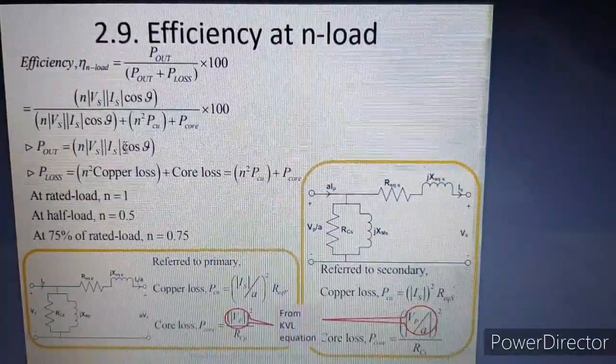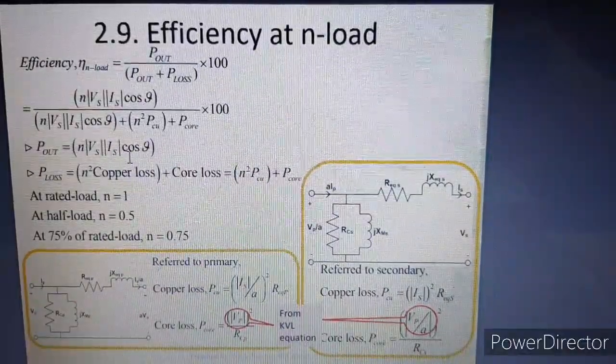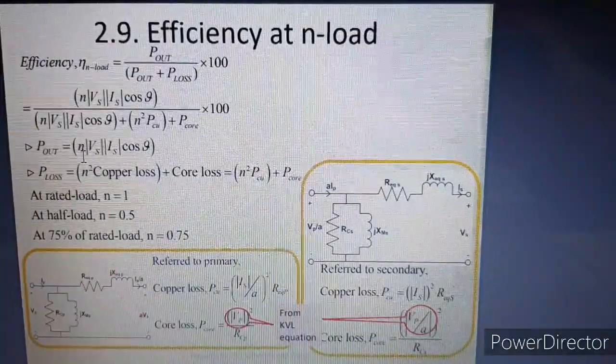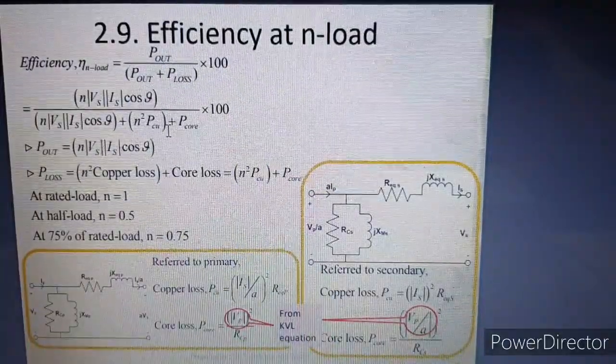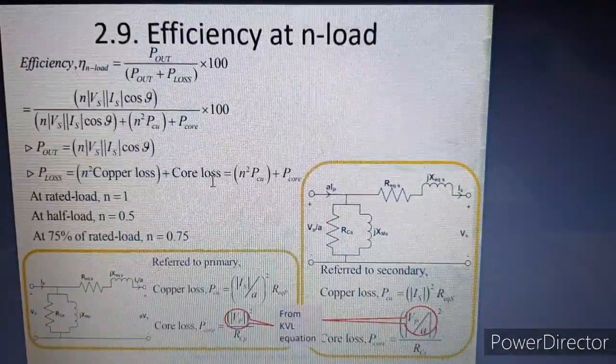So whenever you have IS, you must multiply it with N. So for P out, since we have one IS, you only have one N here. Now as for the losses, we have two types, copper and core.